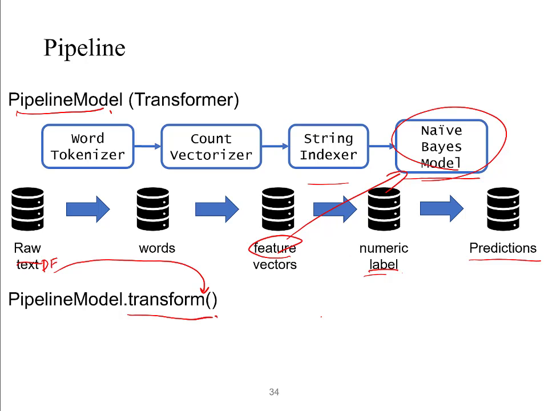We convert the categories into integer labels, and then the pipeline would only contain the word tokenizer, count vectorizer, and naive Bayes model. Because this step is kind of a waste of time, considering performance, we can take this stage out of the pipeline. So this is actually an example of bad design of a pipeline.